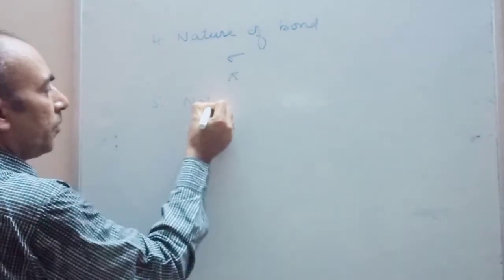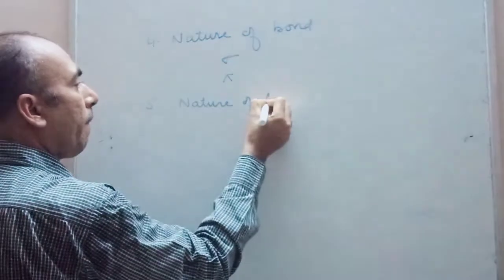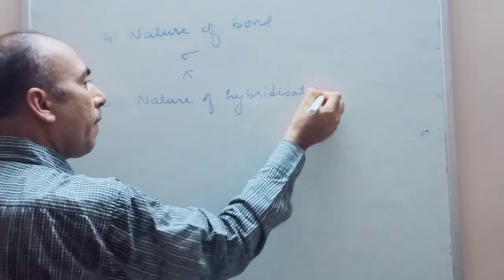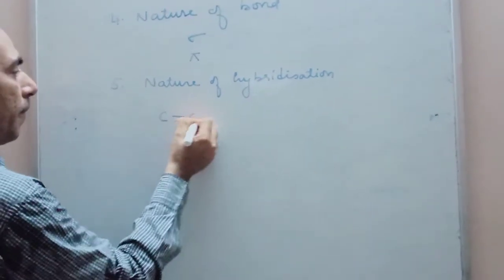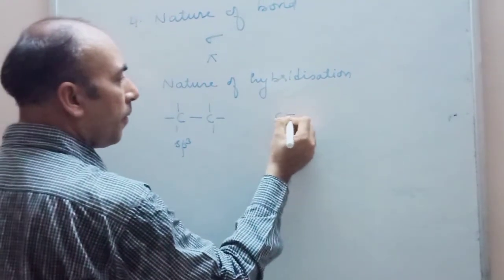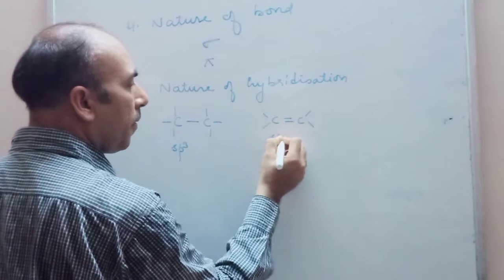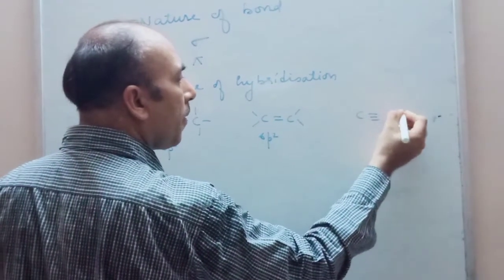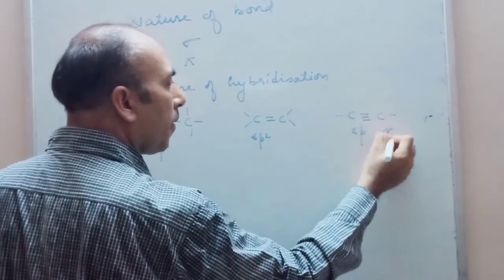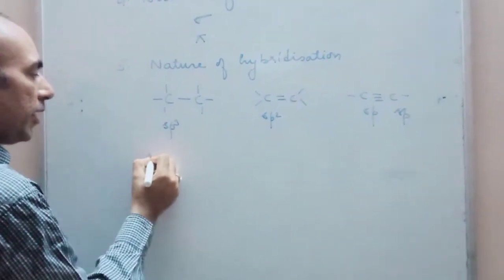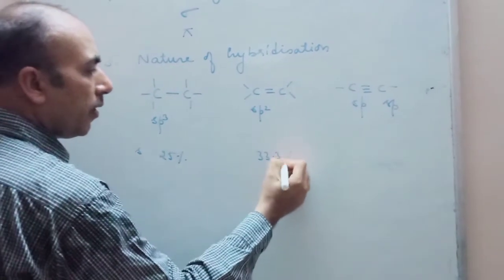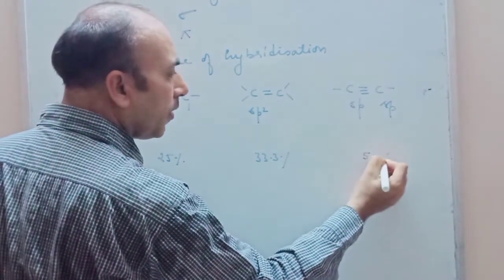Then, nature of hybridization. See here the S character is 25%, here it is 33.3%, here it is 50%.